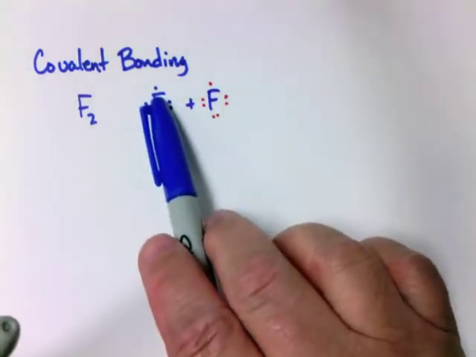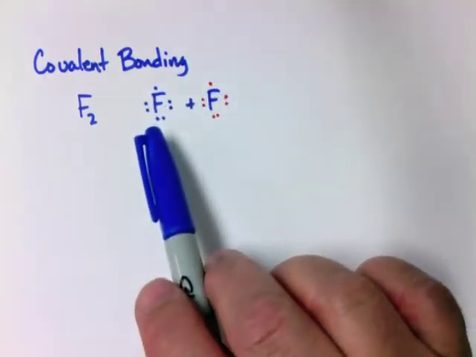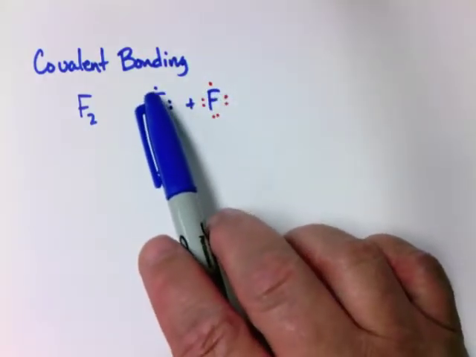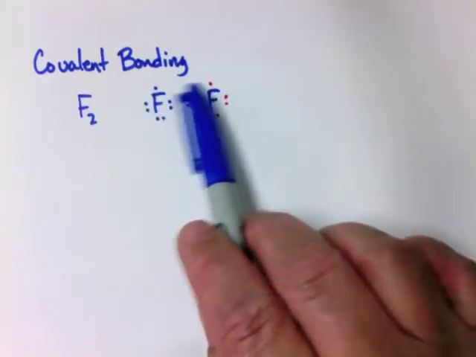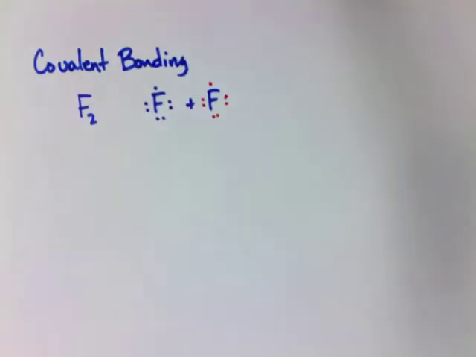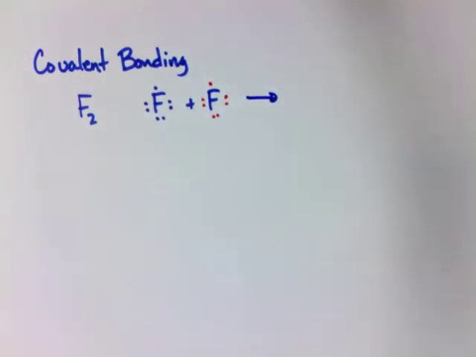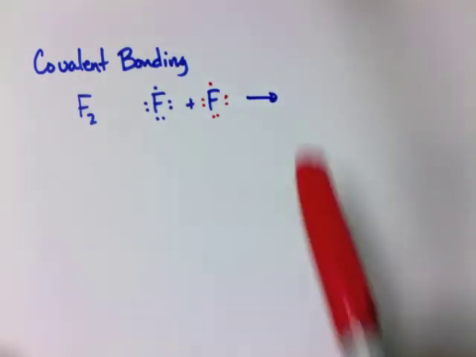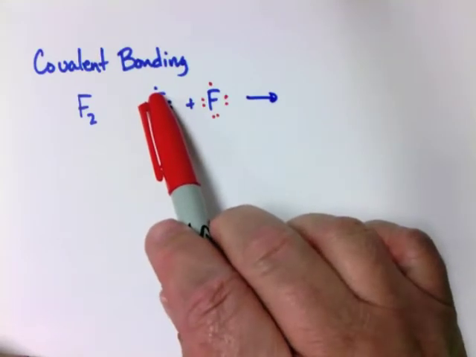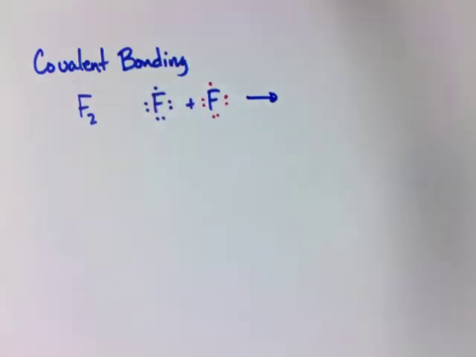Each of them has one unfilled orbital in the p subshell, it being occupied by only 1 electron and space for 1 more electron. In bonding, the 2 fluorine atoms are going to take advantage of the fact that they have an unpaired electron and they have a vacancy in their p orbital.